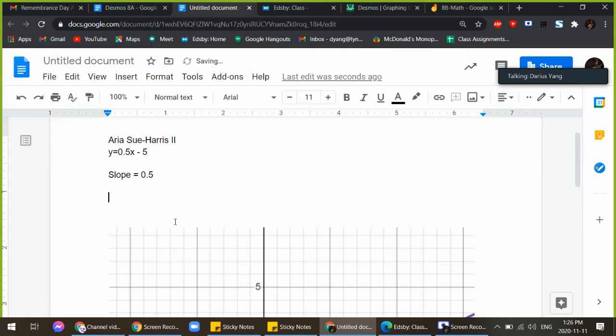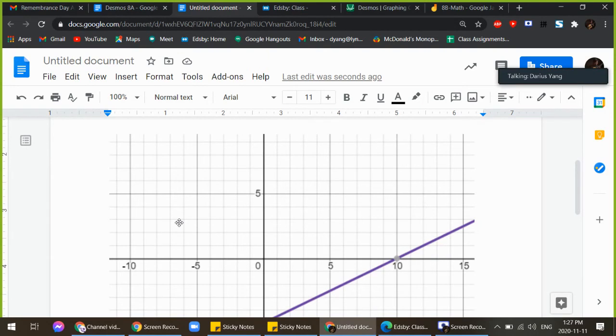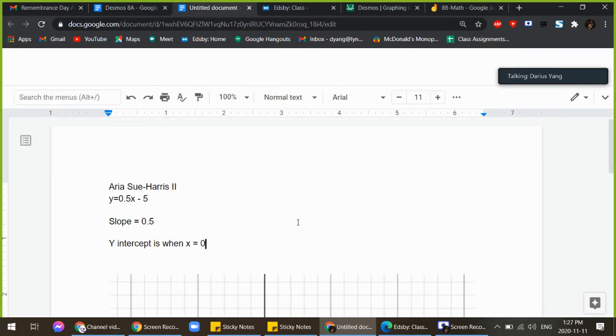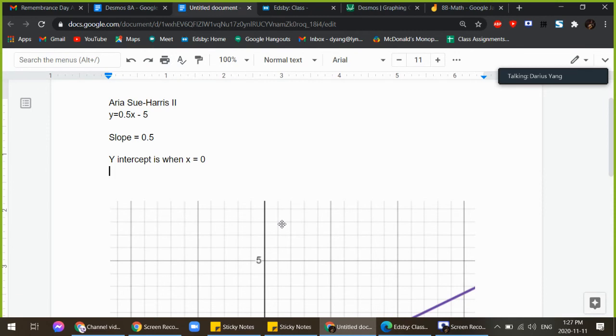Now, we need to find the y-intercept. The intercept is where the graph intersects the y-axis, when x is 0. For the purpose of the calculation, I want to say when x is equal to 0, how do we figure out the value of y? y equals 0.5 times 0 minus 5, which is equal to negative 5.